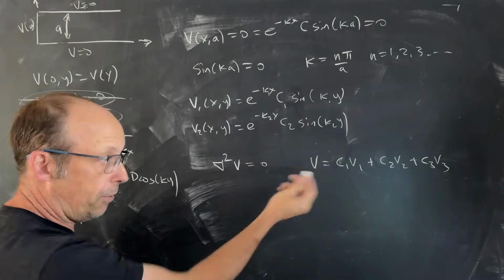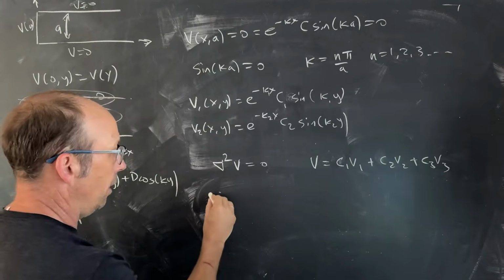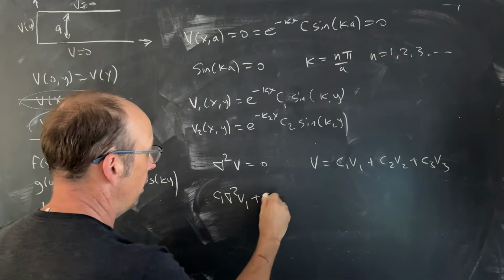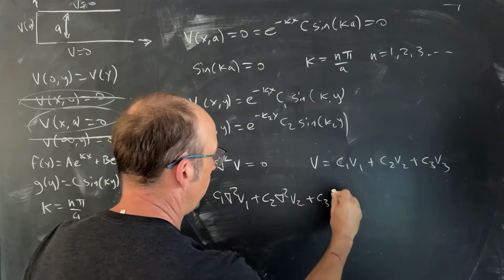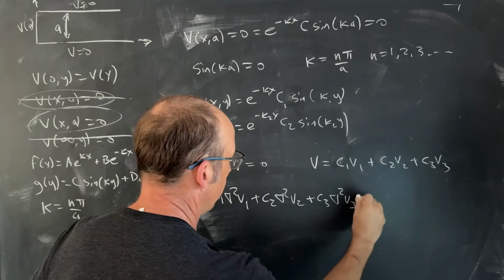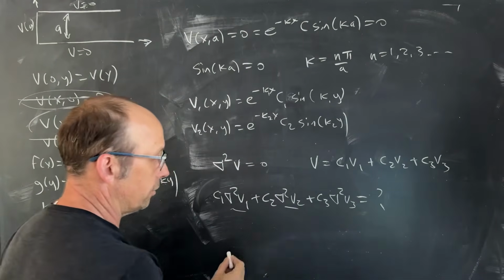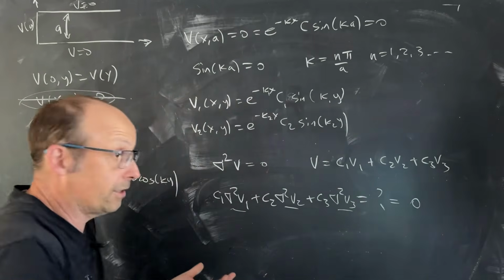Well, then if I put that in here, I get c1 times the Laplacian of v1, plus c2 times the Laplacian of v2, plus c3 times the Laplacian of v3 equals what? Well, we already said that's 0 because it's a solution. That's 0 because it's a solution. That's 0 because it's a solution. So this is equal to 0. So that's still a solution.